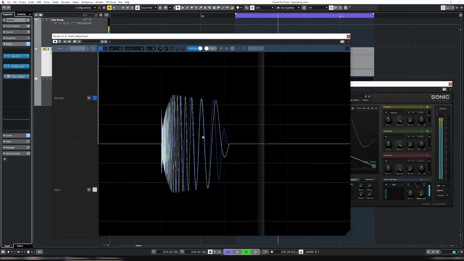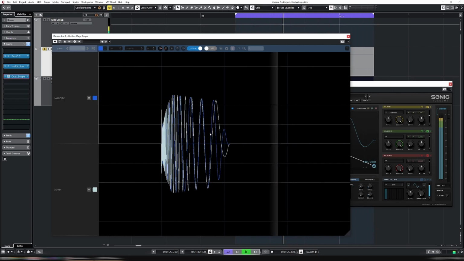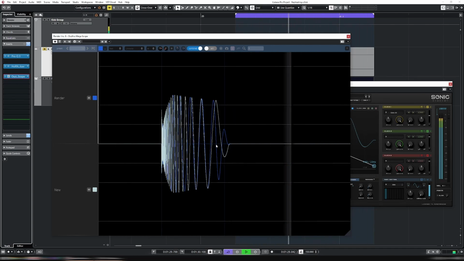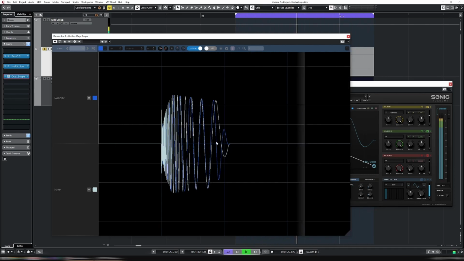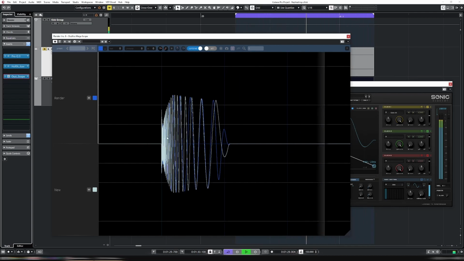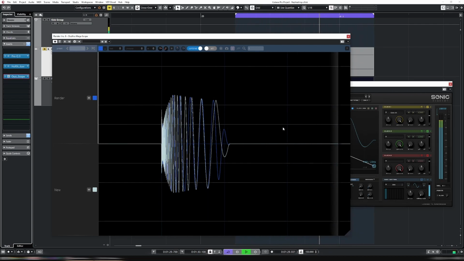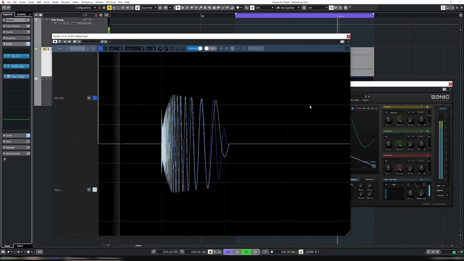So as you can see, the second or third last one is quite in line, but then we start to tail away. And what that means is, because this waveform is wider than the one we're trying to replicate, we have a lower frequency here. So the narrower the waveform, the higher the frequency, and the wider the waveform, the lower the frequency. So we can automatically tell we're too low here, but we're actually quite okay here. So in this case, we're trying to focus on the last one here, or the last two, let's say.